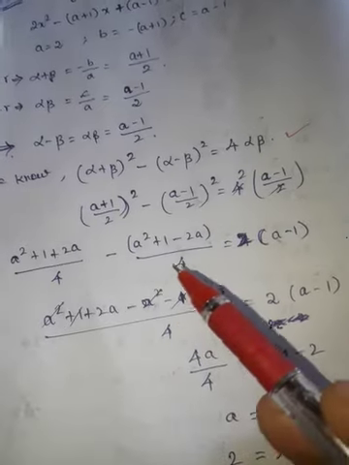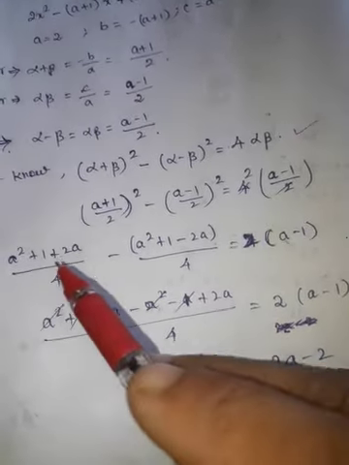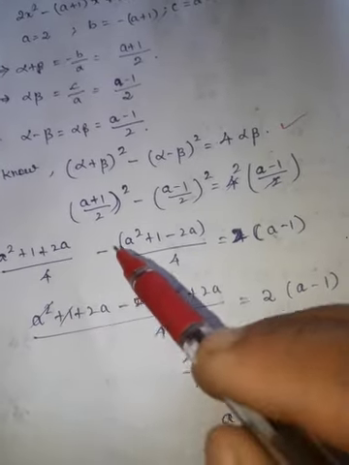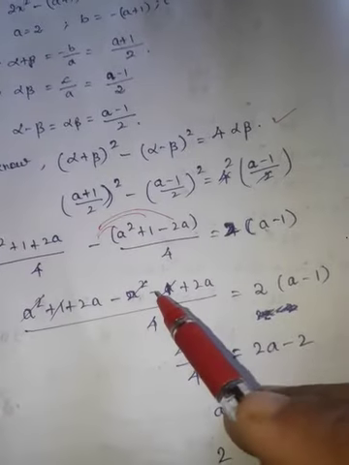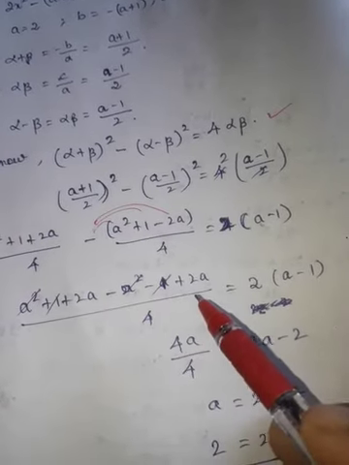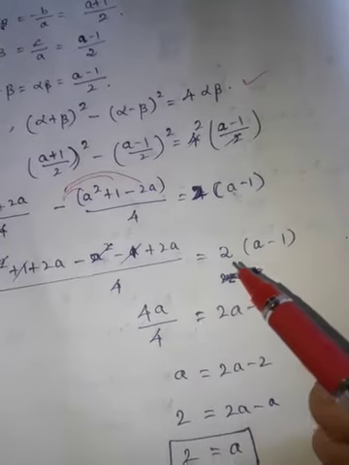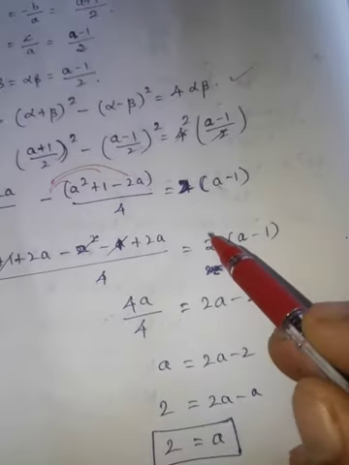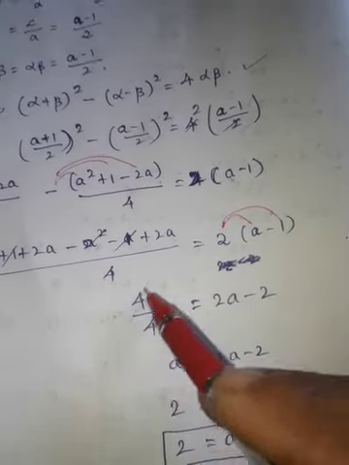We can write the 4 one time. Then in the numerator, a square plus 1 plus 2a, then this minus multiplies inside, so this becomes minus a square minus 1 plus 2a. If it is cancelled, we get 4a by 4. Then on the right hand side 2a minus 1, this 2 multiply inside 2a minus 2, then 4 cancel, so a only is here.